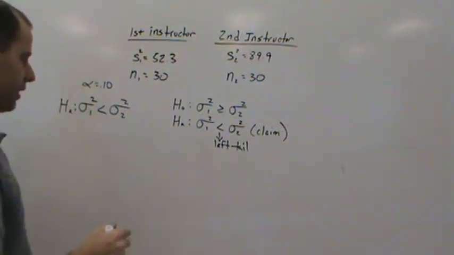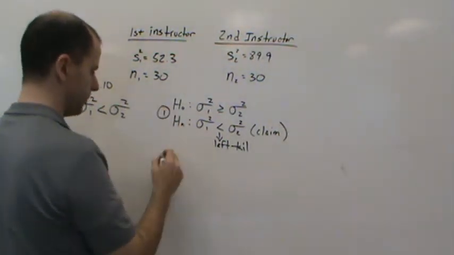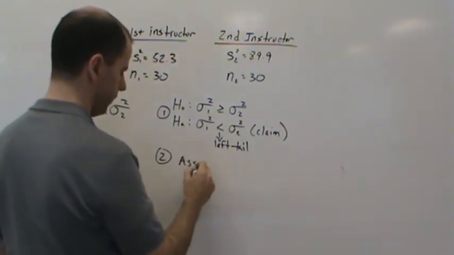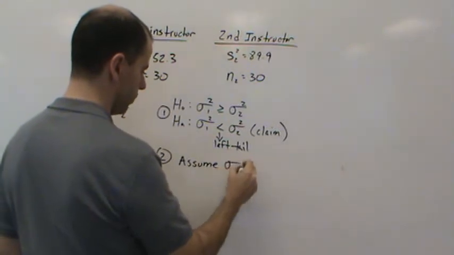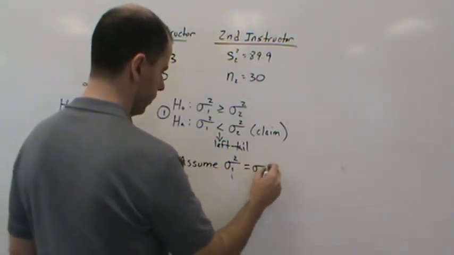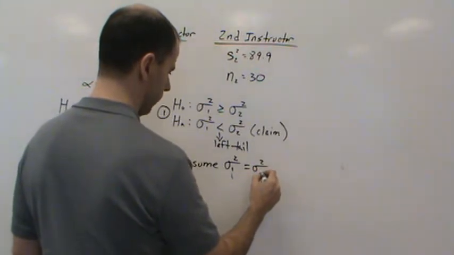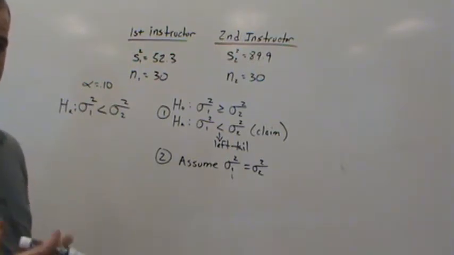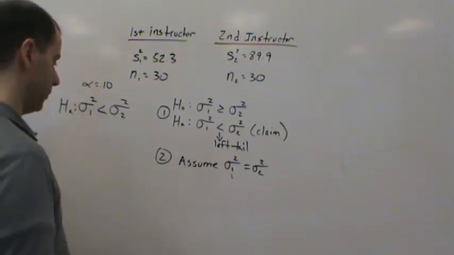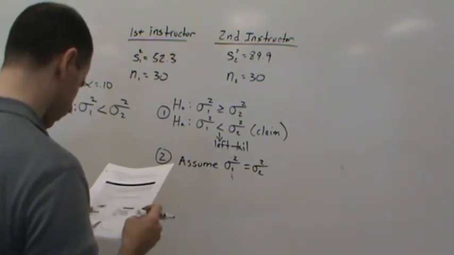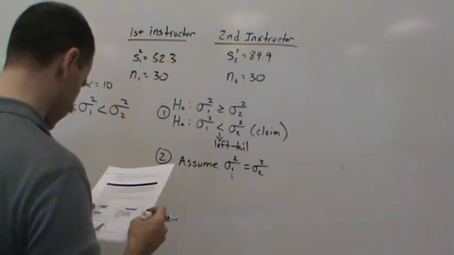Now, as far as our steps, we're always doing the same thing, right? Step 2 is we're going to assume that there's no difference, so sigma 1 squared is equal to sigma 2 squared, right? And of course, that makes our test statistic just the ratio of the two sample variances, okay? Now, here's what we're going to do.